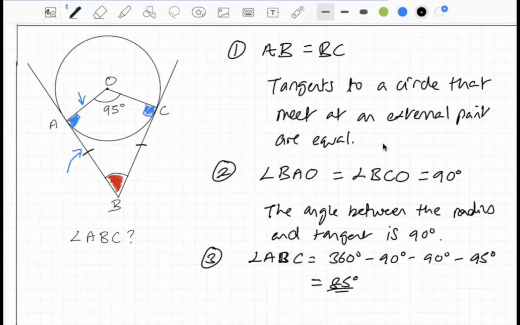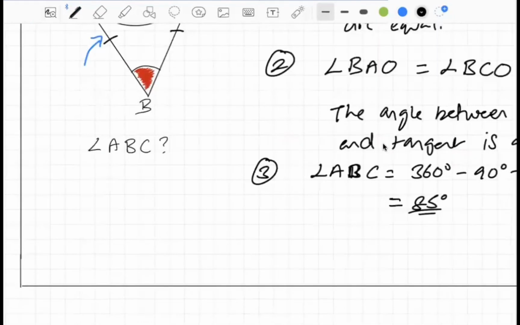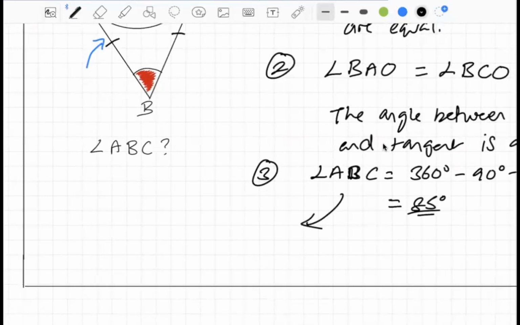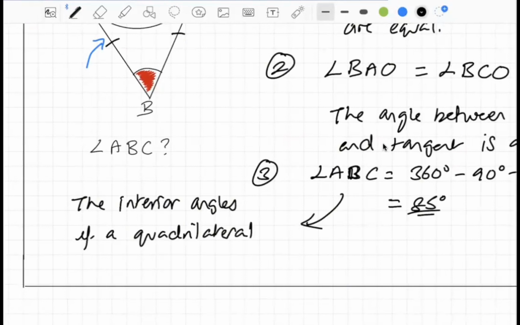And I will put the explanation here. And this is because the interior angles of a quadrilateral sum to 360.